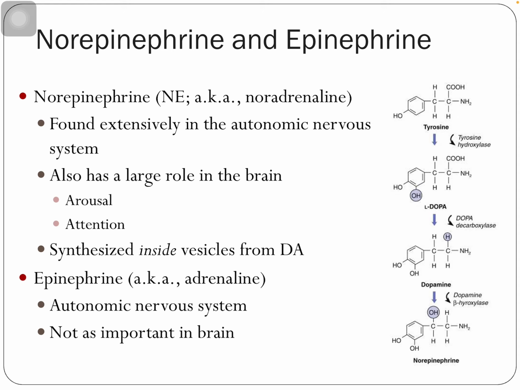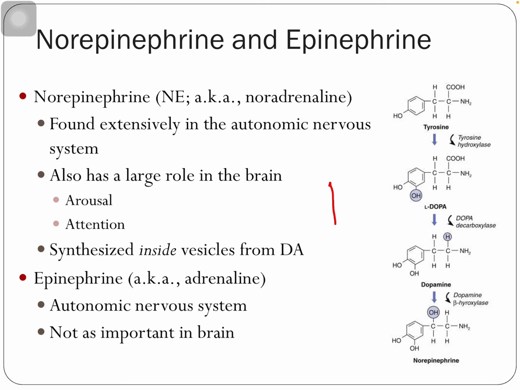So norepinephrine is much more important in the brain than epinephrine. We know that norepinephrine is found extensively in the autonomic nervous system, which is a part of the peripheral nervous system. It also has a really important role in arousal and attention in the brain. It's really important for keeping us alert and awake.